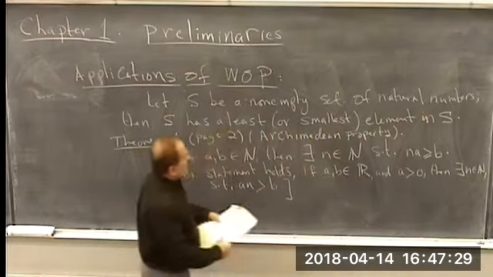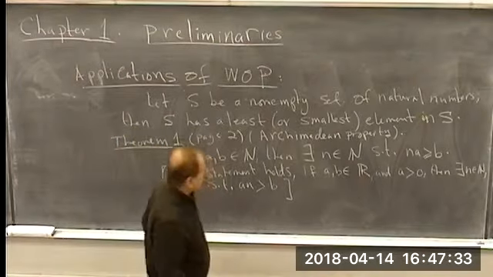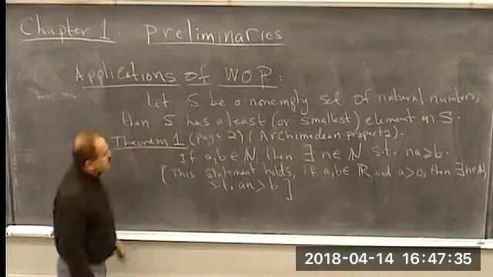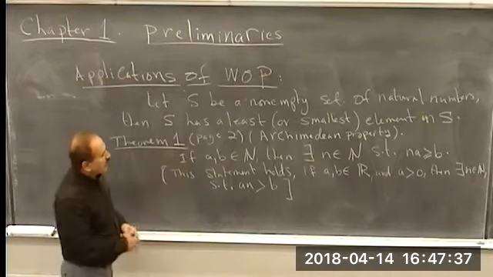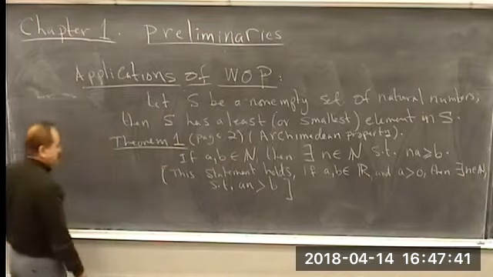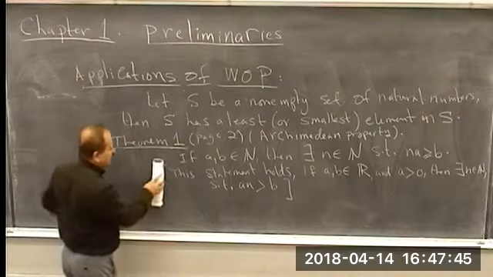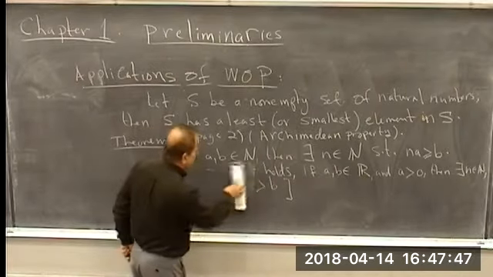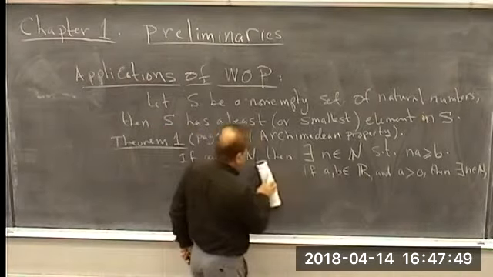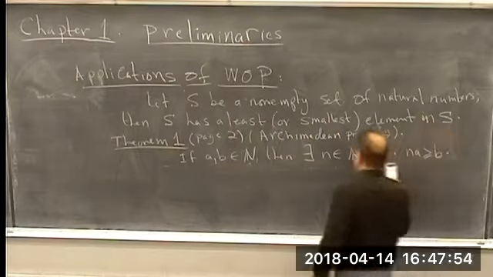Its proof for the natural numbers actually requires the use of what is called the completeness axiom. All right. Of course we're going to only show it for the natural numbers because these are the type of numbers we are interested in. But it's nice to know that it holds for other types of numbers. If it holds for the real numbers, it holds for the rational numbers, and so on.